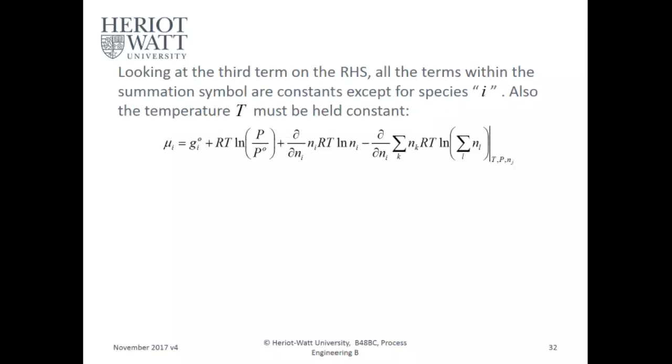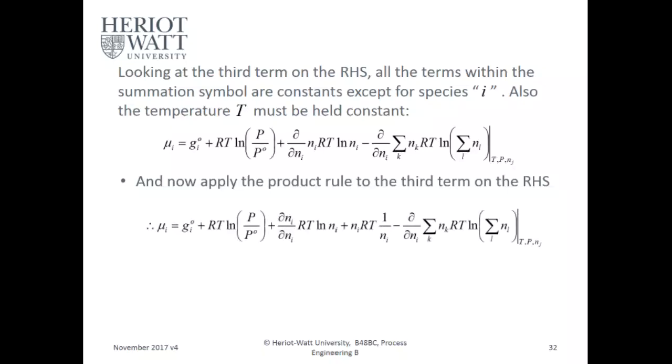So the temperature, remember, you only change one parameter at any time. Temperature is constant, pressure is constant, you're changing composition. And now apply the product rule to the third term. Therefore, mu I equals GI plus RT log of P over P0, with the infinitesimal change with respect to species I and with respect to NK.